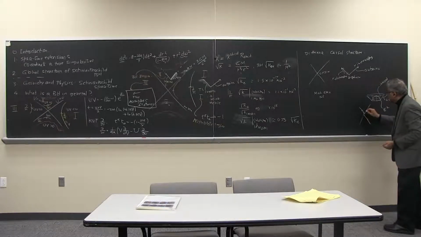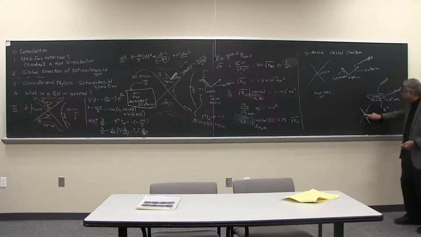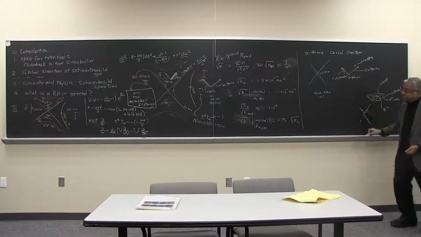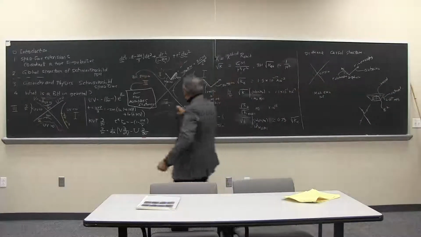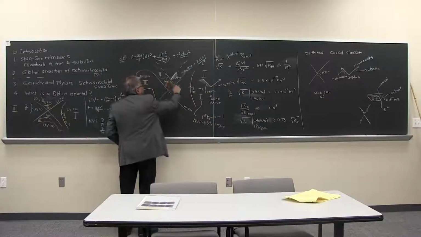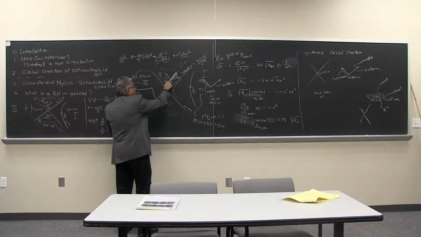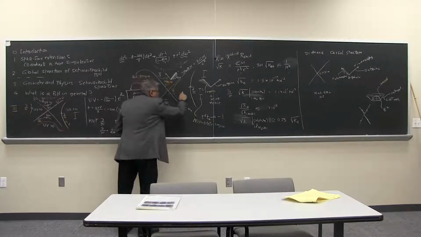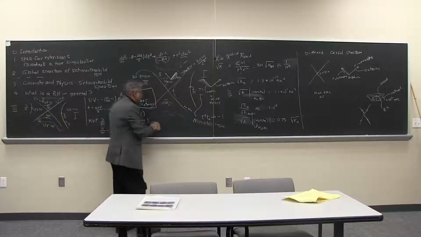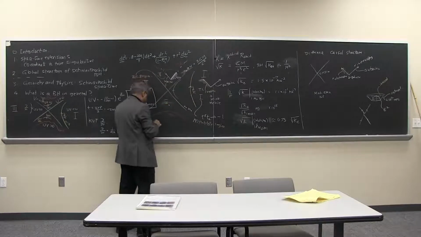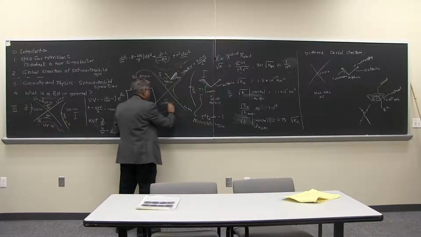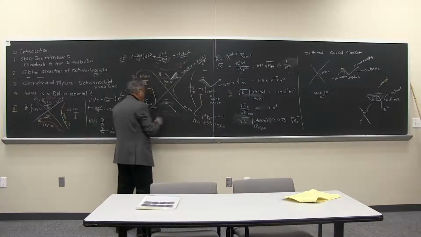The future light rays are leaving this point, and the past light cone rays are arriving at this point. So I can look at the past light cone, which I haven't done so far. If I looked at the past light cone here, the rays from the past light cone from here will come in this region. Now here, however, the rays from the past light cone, the outgoing ones, are going here, and incoming. So this is the past.